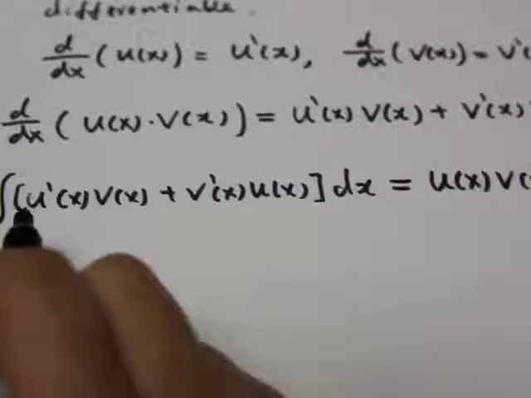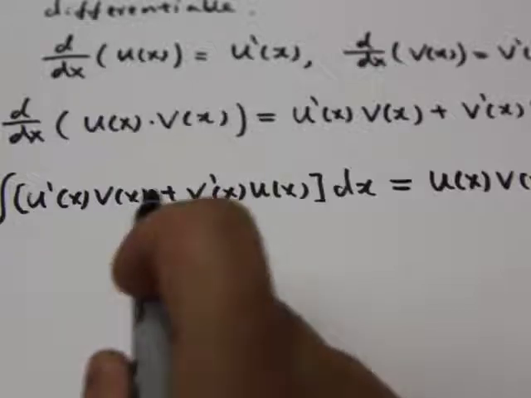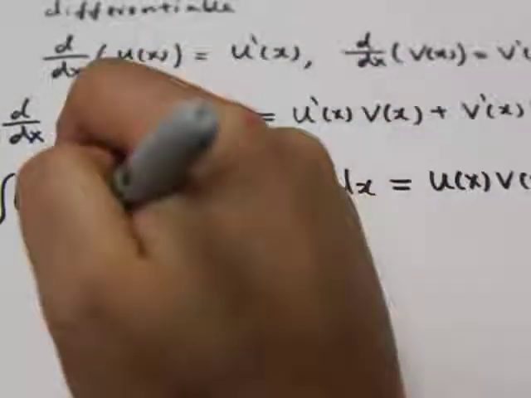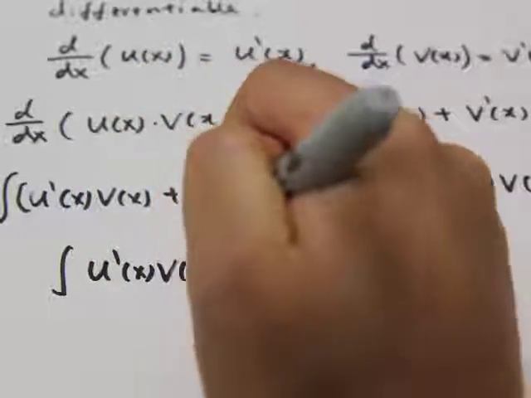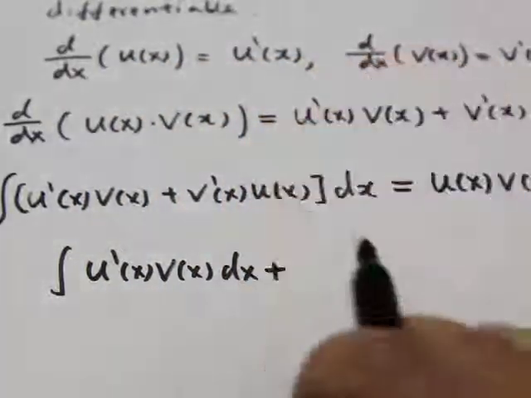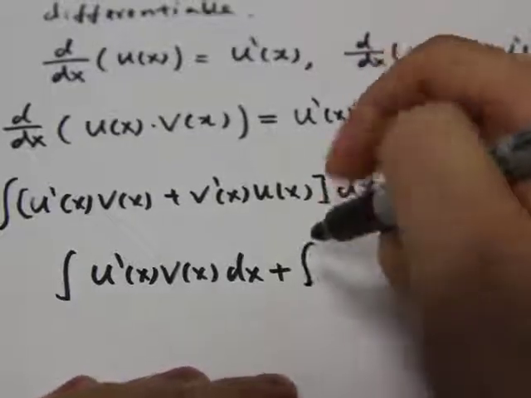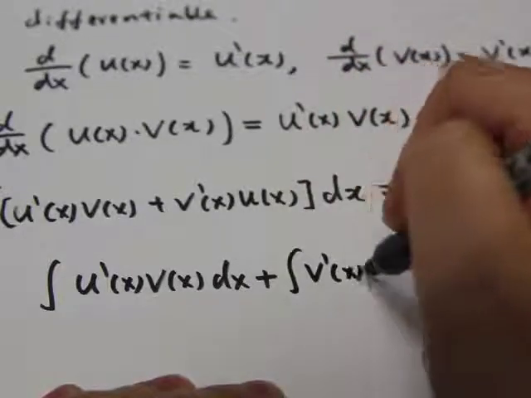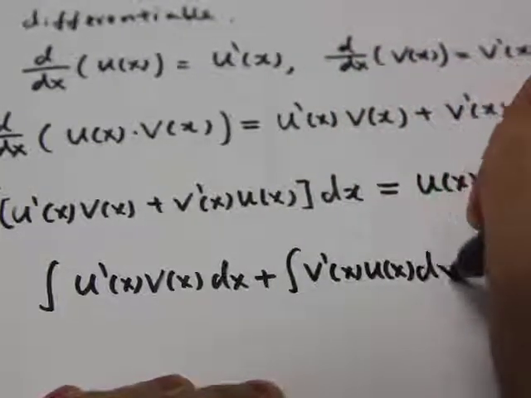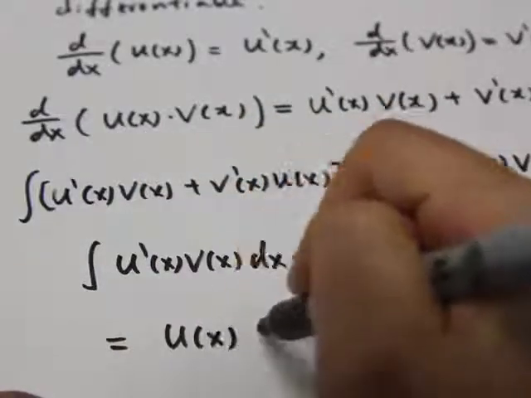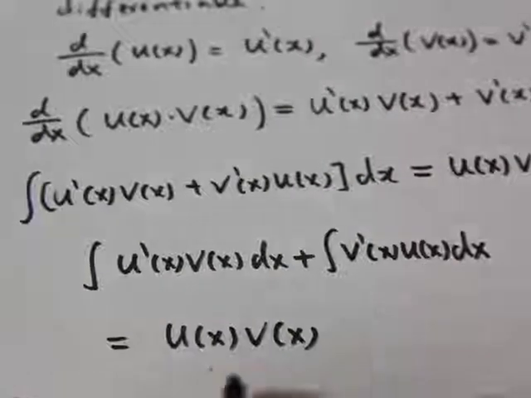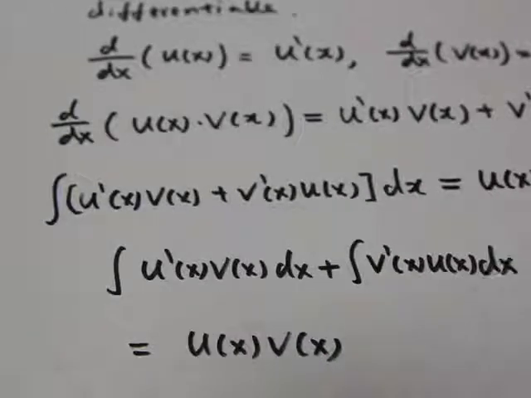Okay, now since this is the integral of a sum, we can rewrite this into a sum of two integrals. And this equals the product u(x) times v(x). Alright, so now let me do one thing.